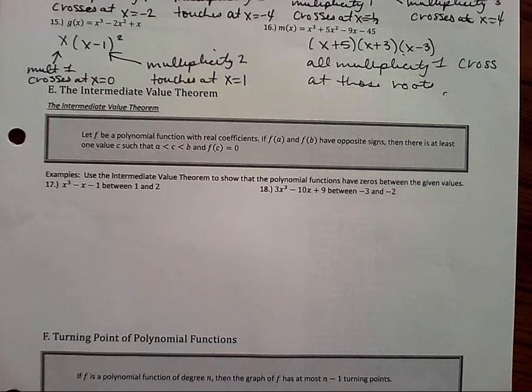So let's draw a picture. Let's say this is A, let's say this is B. F of A, F of B have opposite signs, whether they're both plus or both minus, doesn't matter. So this is F of A, this is F of B. Tell me something about the graph of a polynomial.